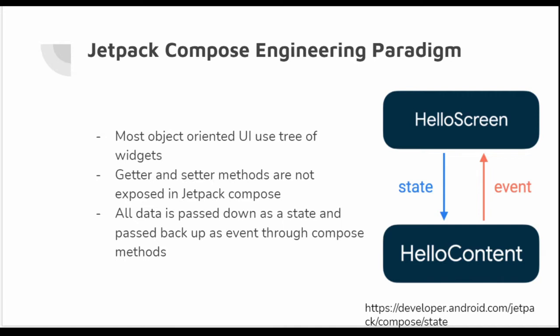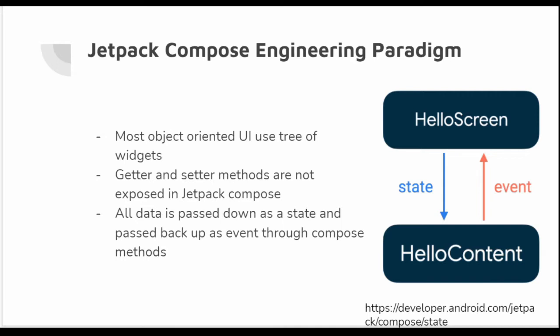In Compose, the widgets are not exposing their getter or setter methods, and they are not objects you update. All you have to do is just go into the UI and call it through the specific composable methods with different arguments. This creates this top-down approach for UI updates.